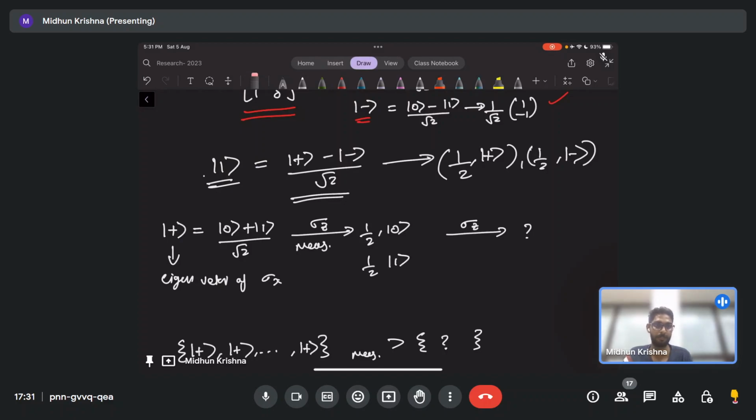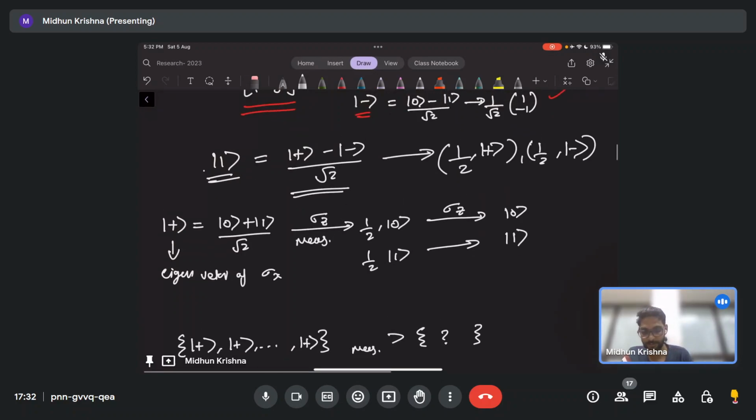These are the two beams that we had. If I take the up beam and apply sigma z again, I'll just get zero again, and likewise for the other beam. The state does not change because the measurements commute. Sigma z commutes with sigma z, so it doesn't have to further collapse. They're eigenstates of the operator.